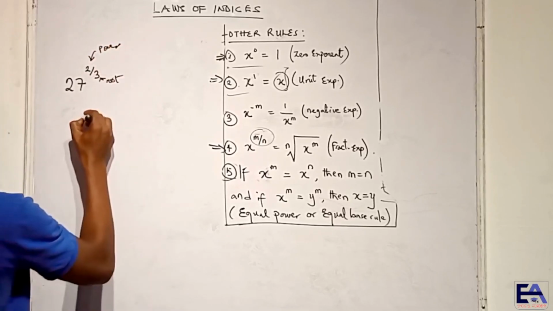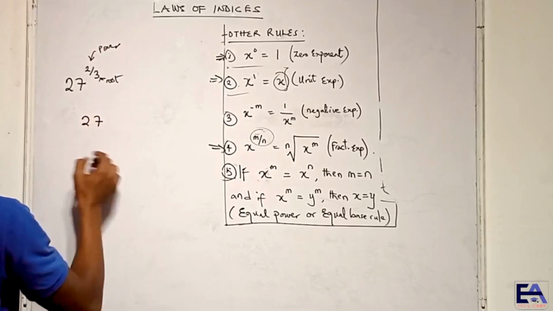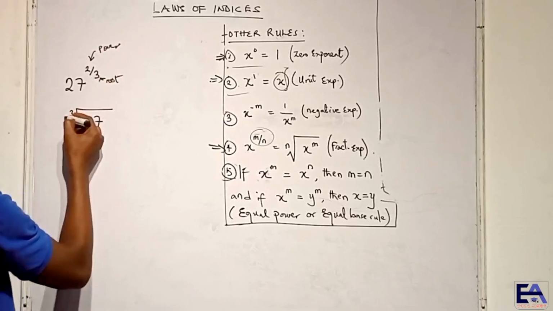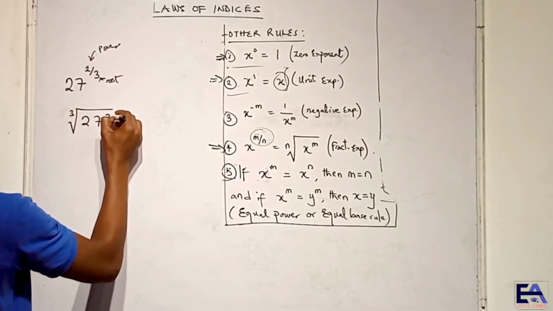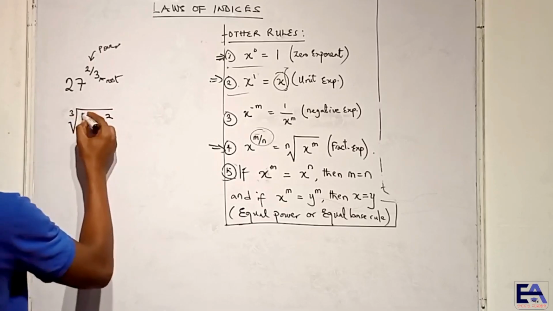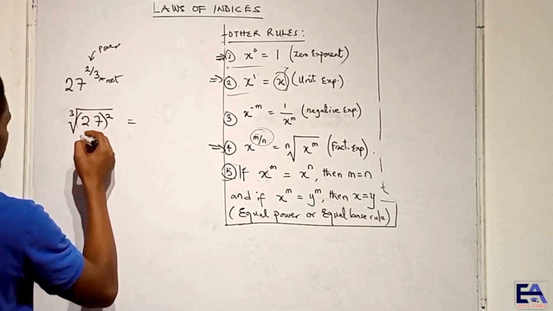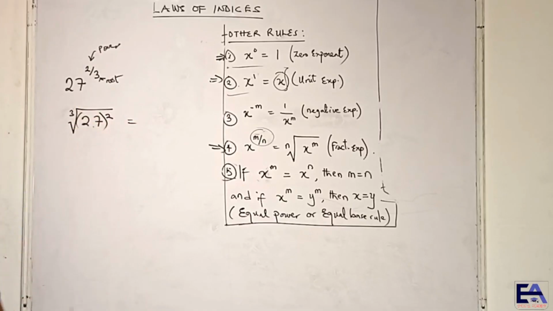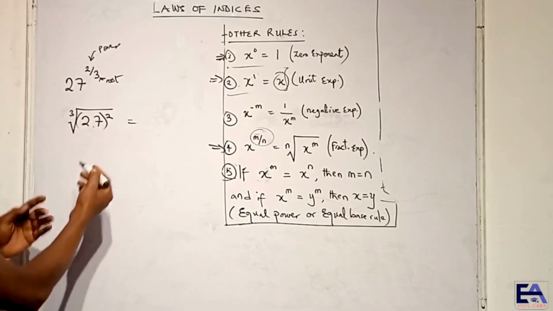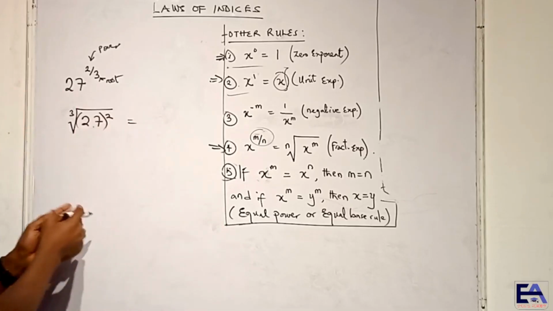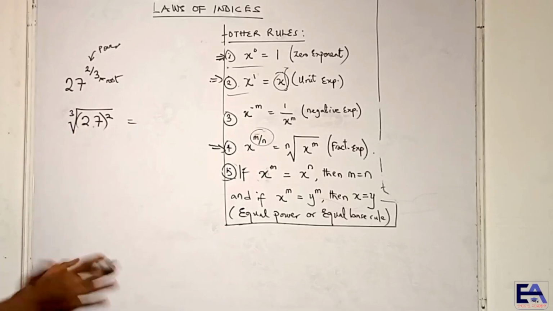So we are going to write out the base, which is 27, and then you have the cube root. This 3 goes here, then this 2 comes as the power. At the end, you can choose to first find the cube root of 27 before you square it. It's even better that way than squaring 27, then finding the cube root of that square. So it is faster for you. You get the same answer either way you choose to do it.